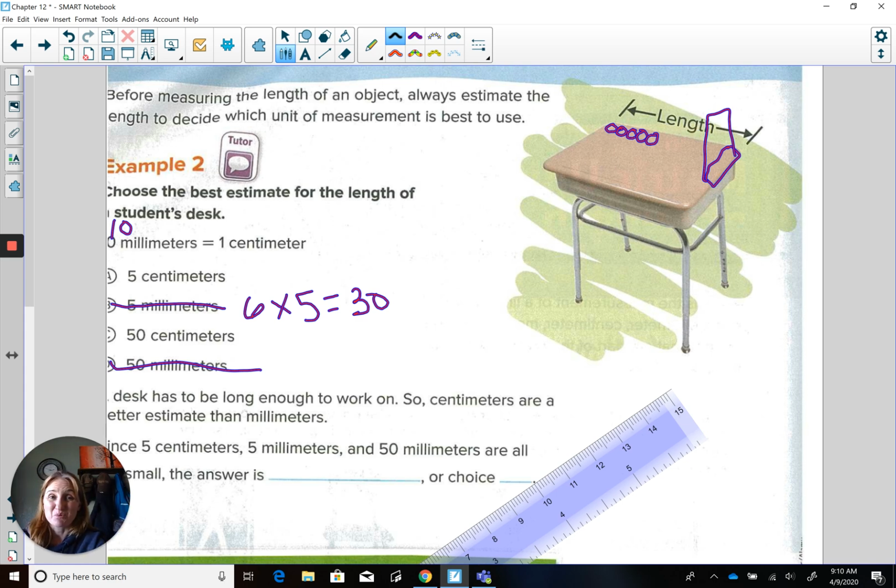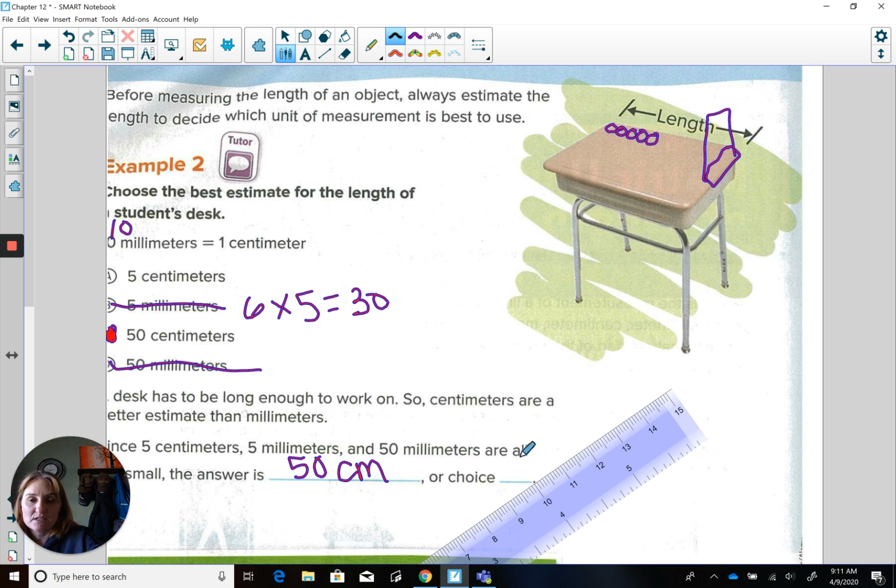A reasonable answer would be then what? Right, 50 centimeters. It's kind of hard to see because some of it's cut off. It says a desk has to be long enough to work, and the best options are centimeters or millimeters. 5 millimeters and 50 millimeters are too small, and 50 meters is too big.